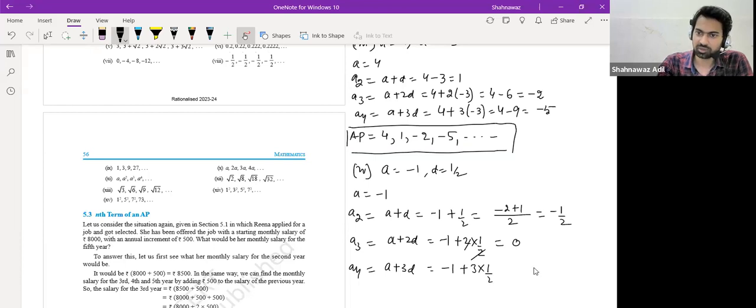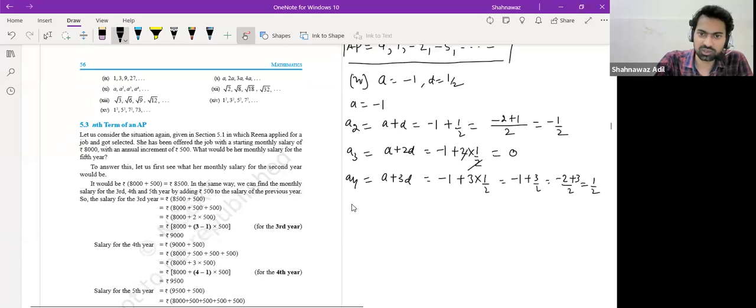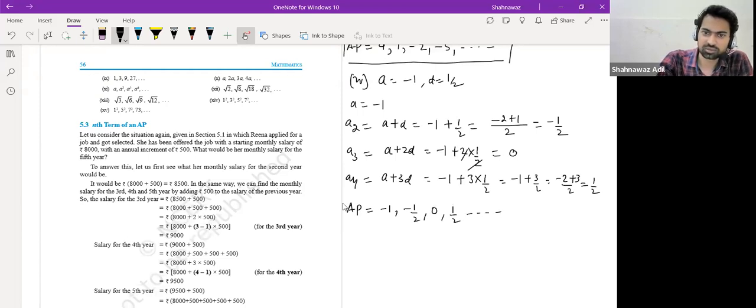So -1 plus 3 by 2, so -2 plus 3 by 2. So this is half, right? So the AP would be -1, minus half, 0, and half, and so on.